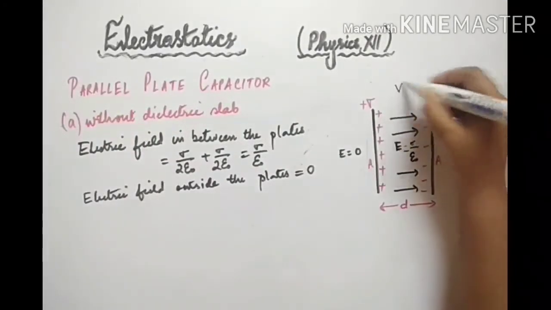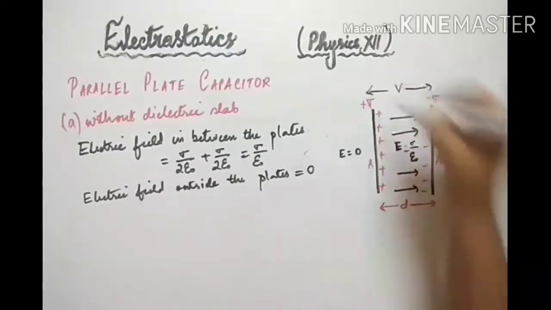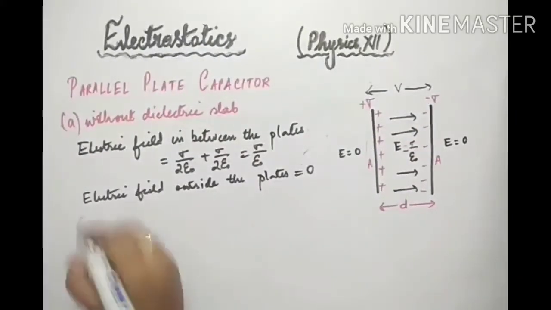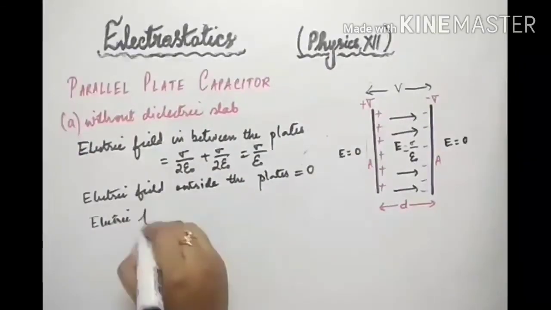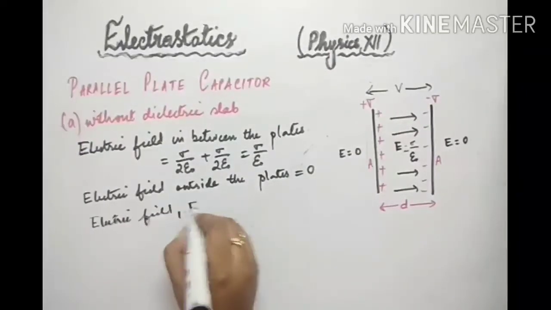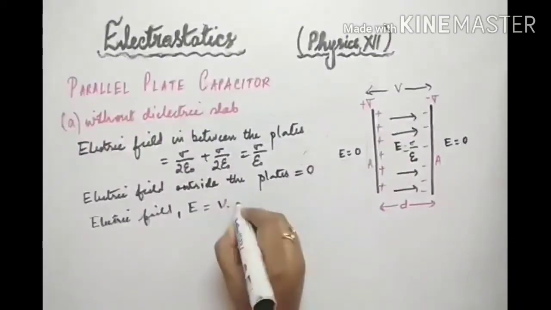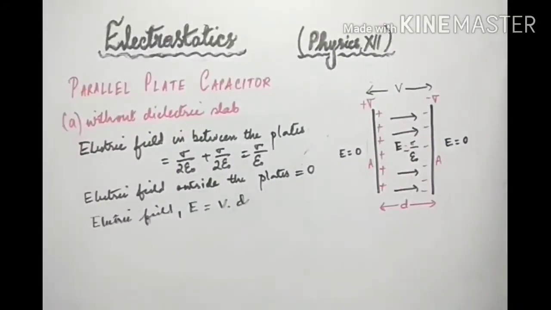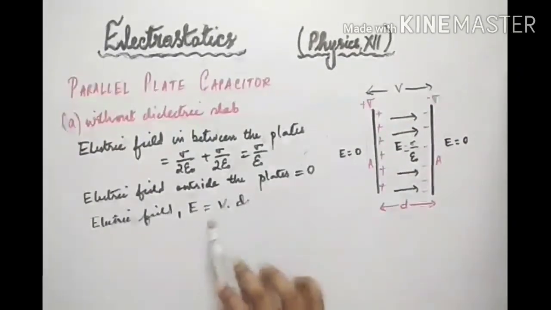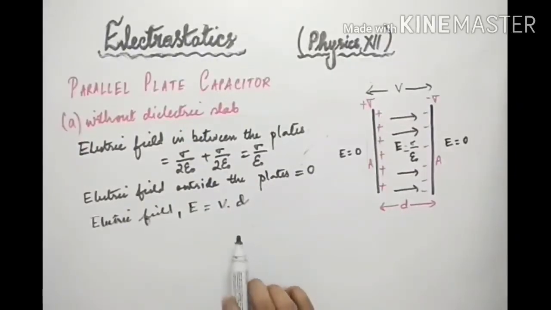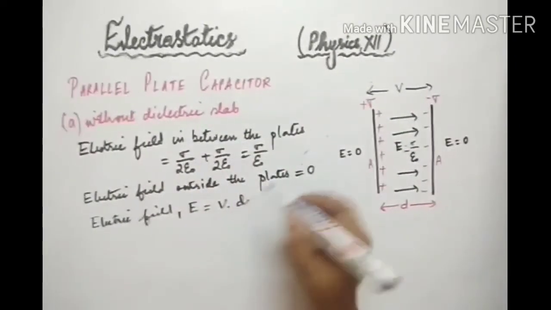Now if V is the potential difference between the plates, then we can also write the electric field E as V by d, that is the distance here. This is the formula which comes from E equals minus dV by dr, which we know.